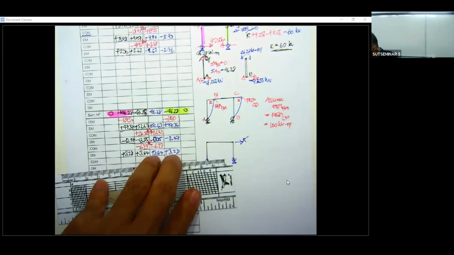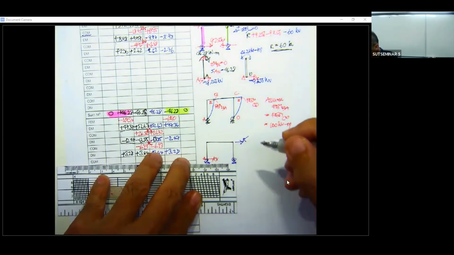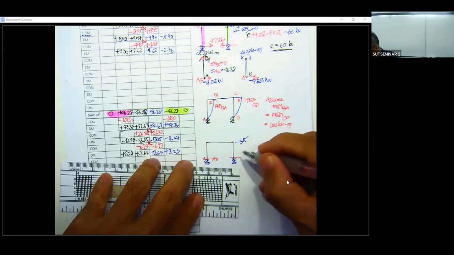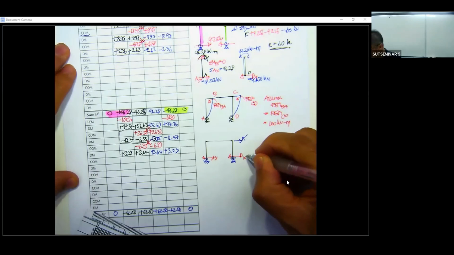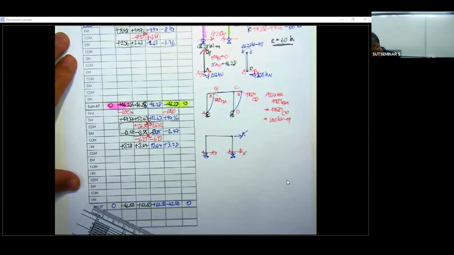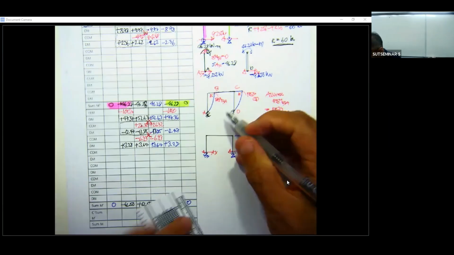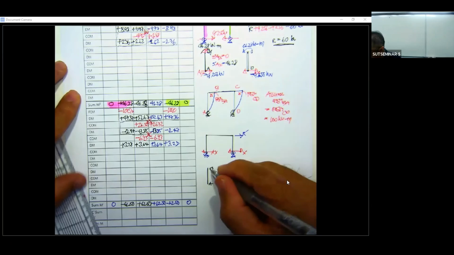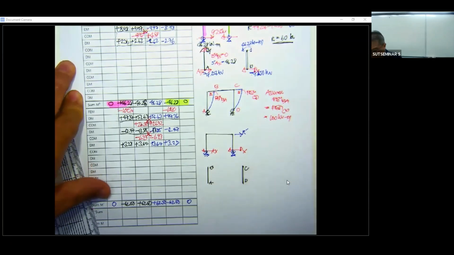What we have is determine the A sub x and also the D sub x. You will determine this one. You got to do the same thing as before. You use the free body of the column. This is A, B, like this one. This is D, C.